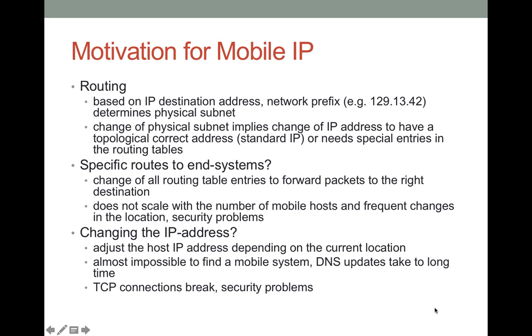Then other factors that motivate introducing mobile IP: if you have the static IP, you must change all routing table entries to forward packets to the right destination. So at the end system, if you modify it, then you have to change the routing table. And also it doesn't scale with the number of mobile hosts.